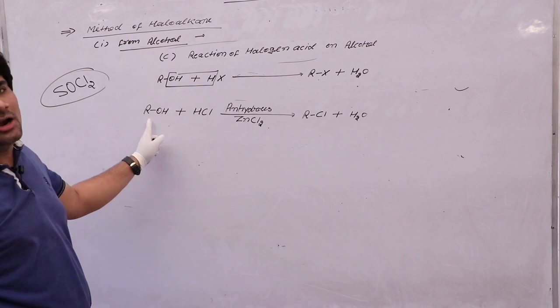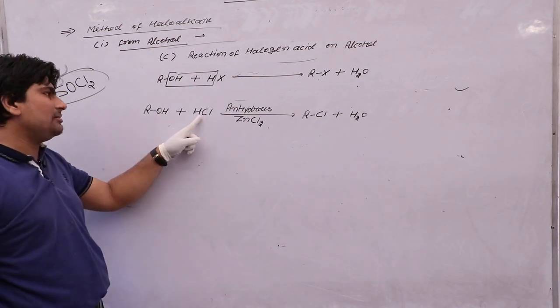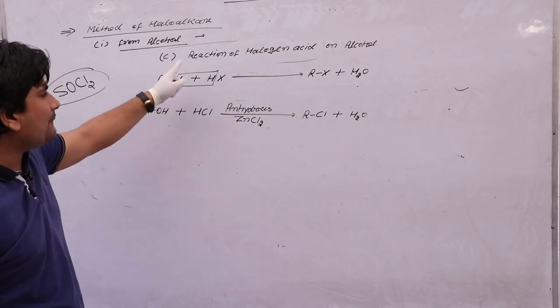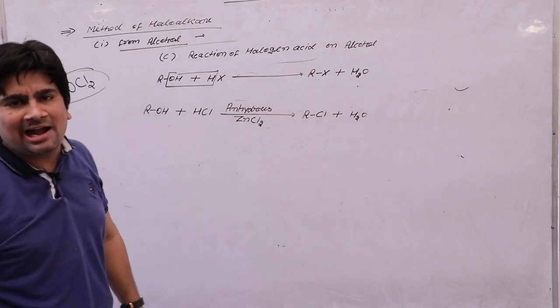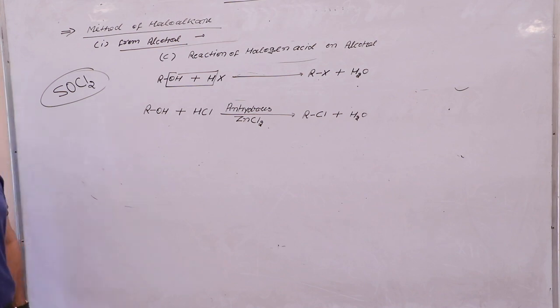Alcohol ROH reacts with HCl, with removal of water, giving RCl.